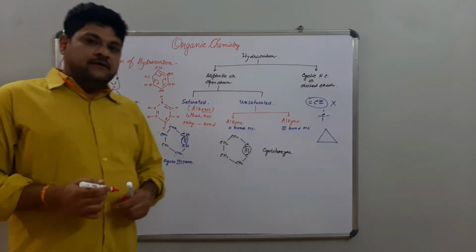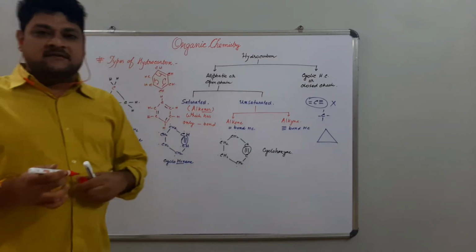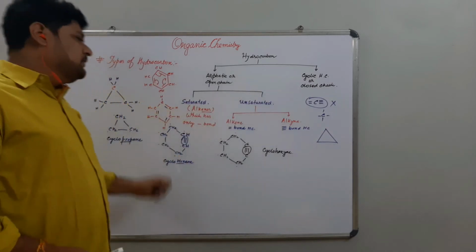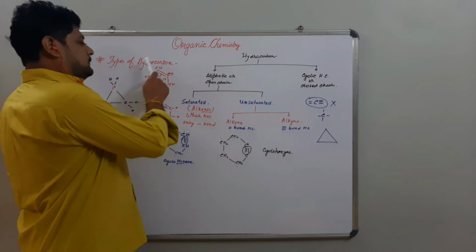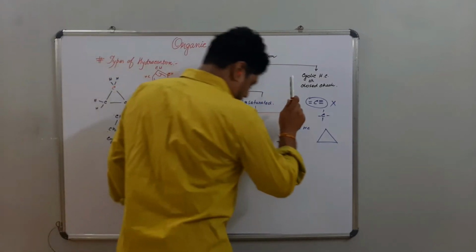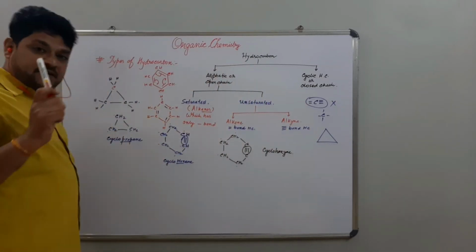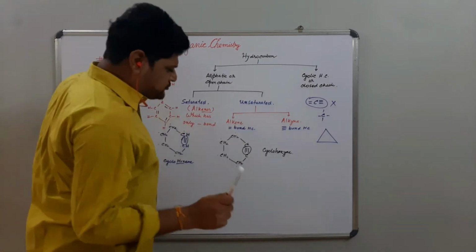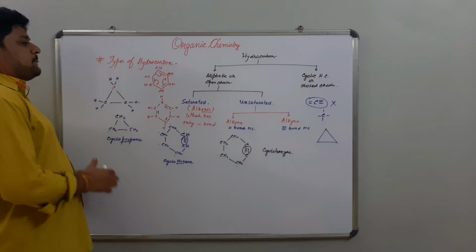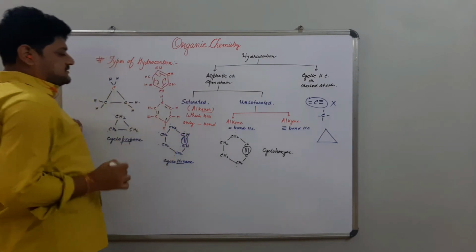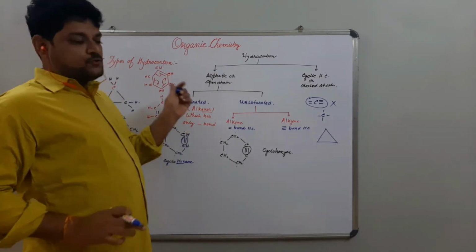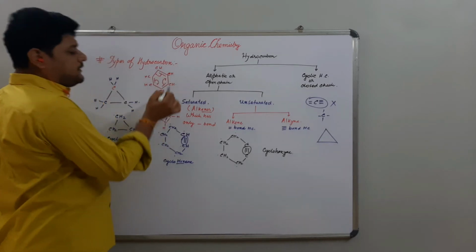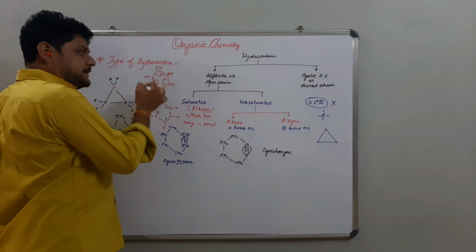In class 11 you know this property is known as resonance. Due to the resonating structure of cyclic hydrocarbons, closed chain hydrocarbons show a very high resonating property. That's why benzene, as it is a closed hydrocarbon, also has a resonating structure, and this double bond can alternate its position.